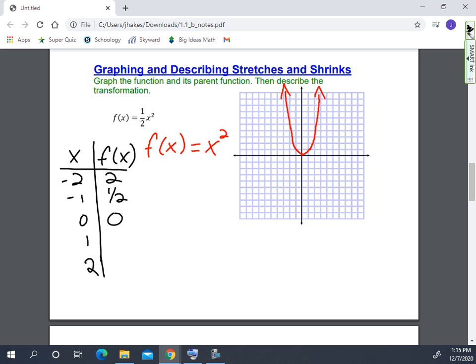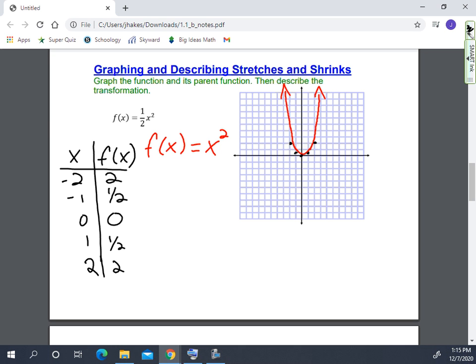Okay? What do we know about 1 and 2 then? They're going to be the same things, right? So we have another 1/2 and then we have 2. So let's plot this. At -2, we're at 2, right here. At -1, we're at 1/2. At 0, we're at 0, then 1/2, and then 2.